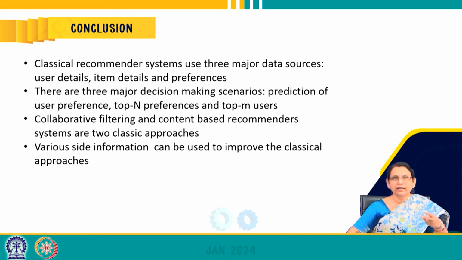Here again we broadly classified into two categories: some classical approaches like collaborative filtering and content based filtering. Then we also discussed other types of systems where we are also using various side information.